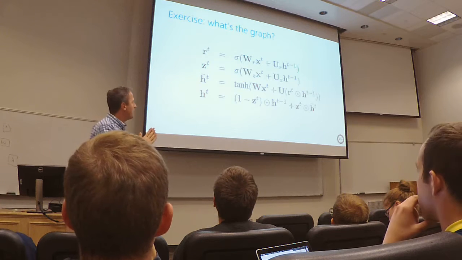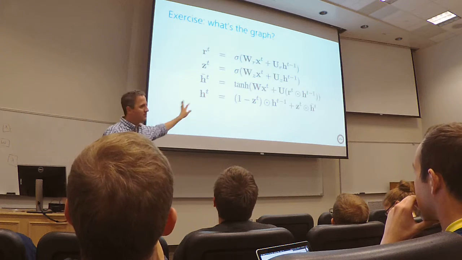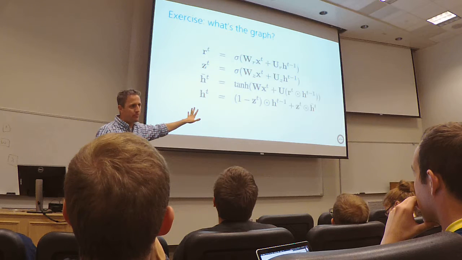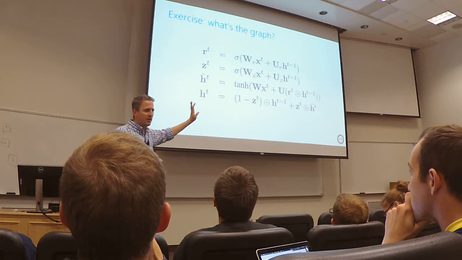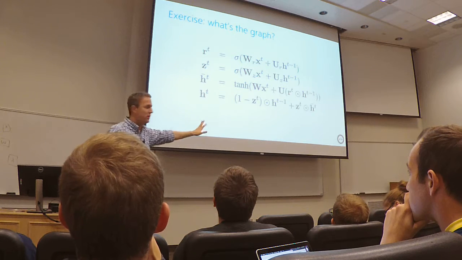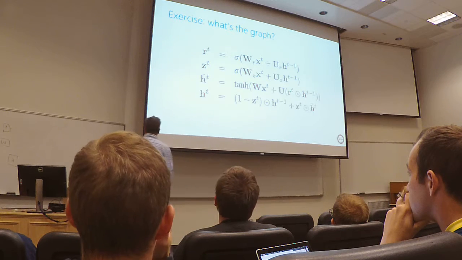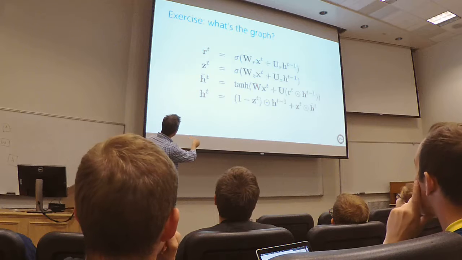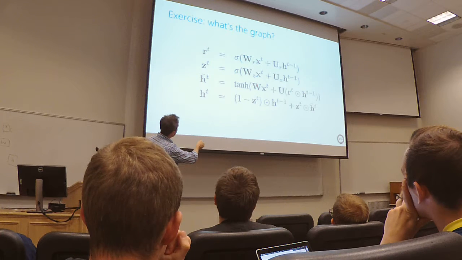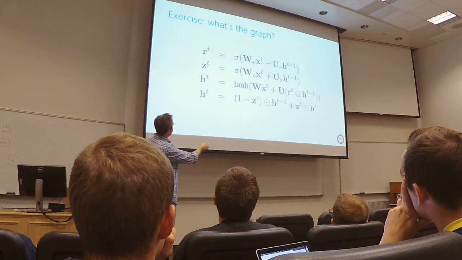What I wanted to point out was that you have no idea what any of these letters or symbols means, and yet you could probably diagram the computation graph for it. You'd know there's this thing called RT, and RT depends on a W, an XT, a U, and an HT minus 1.